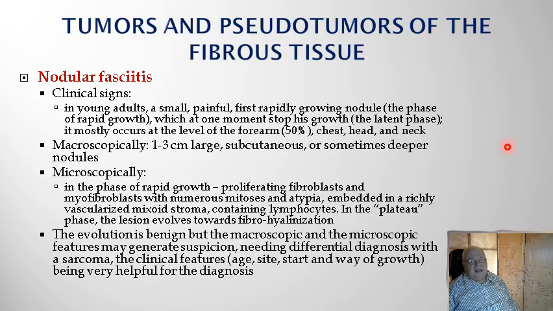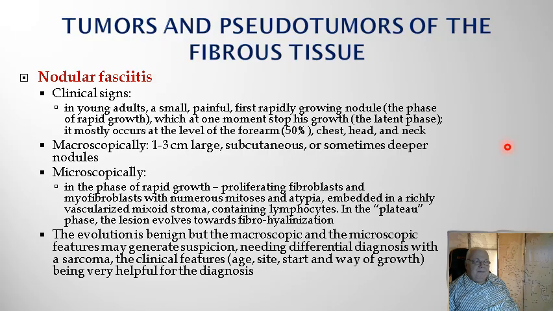One such entity, which is a pseudotumor, so it's not even benign, is called nodular fasciitis. As the name is saying, it's affecting the superficial fascia. So it's not a tumor which is beneath the fascia, it's not above the fascia, it's of the fascia, looking like a nodule and growing extremely rapidly initially, like a malignant tumor.